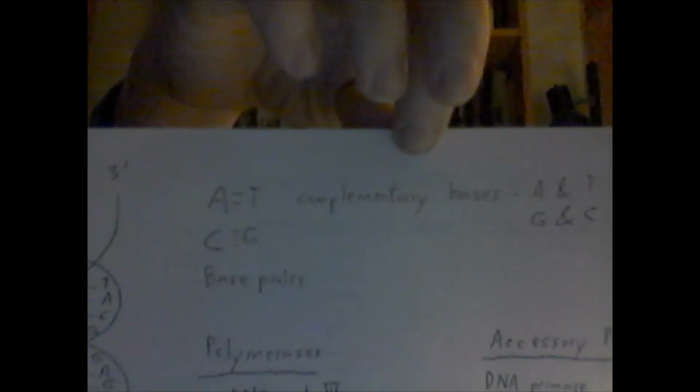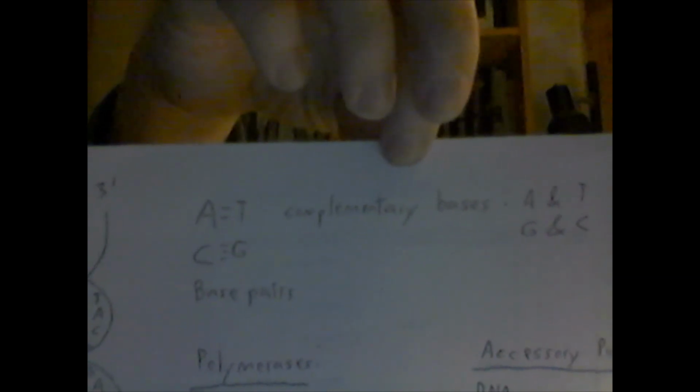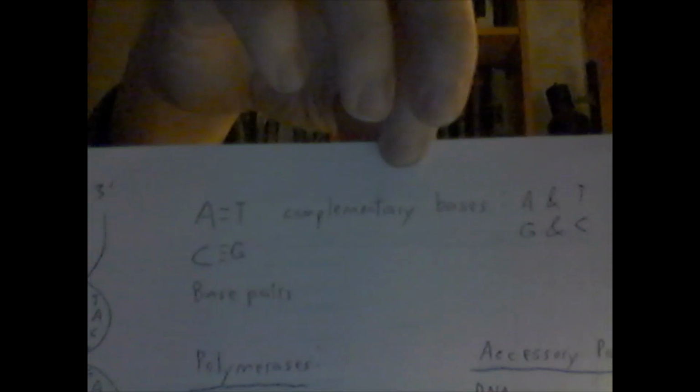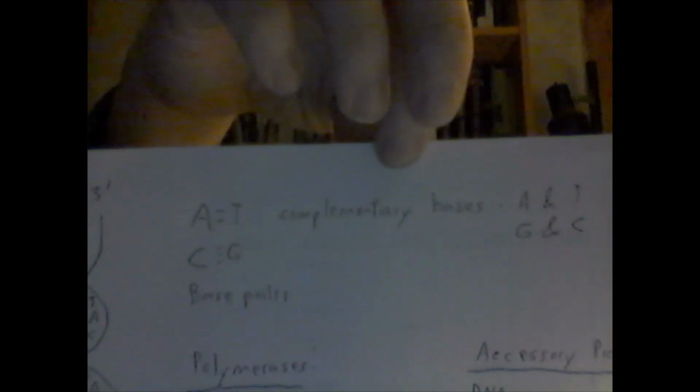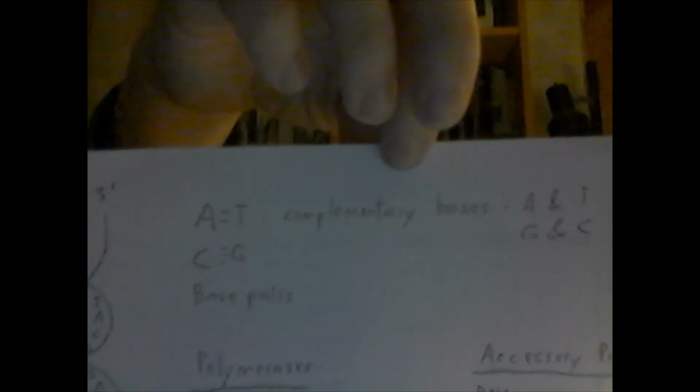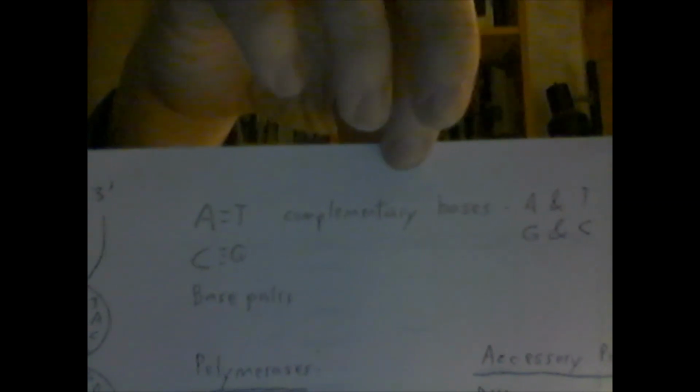And what Watson, Crick, and Franklin discovered is that there are two sets of complementary bases in DNA. A and T go together, G and C go together. And if you think back to the chemistry I told you last time, that means that you have one purine, that is one double ring molecule, and one pyrimidine, one single ring molecule in each of those pairs.